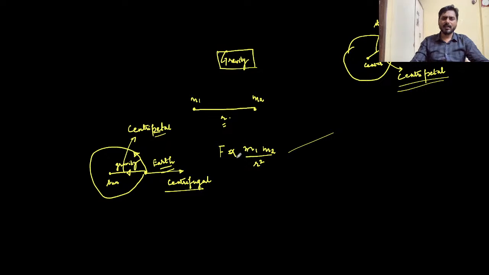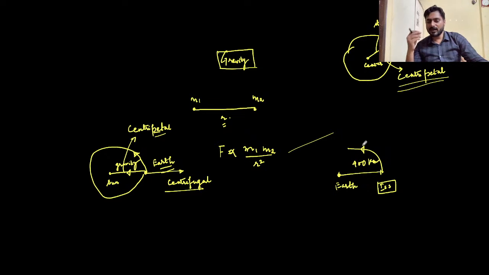Okay, so let me put this in a different context. So let us say you have earth here, and at a distance of 400 kilometer you have this international space station. This international space station is revolving around earth.